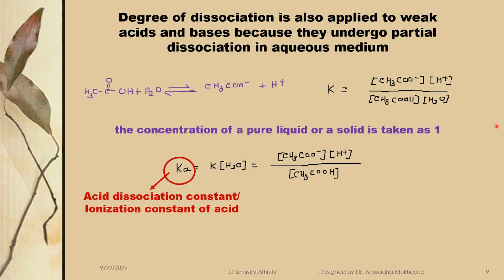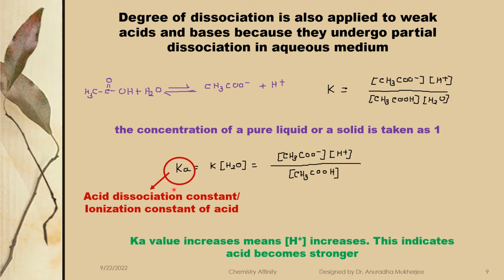The concentration of a pure liquid or solid is taken as 1, so we can write the equilibrium constant like that. K into the concentration of H2O gives a new constant, that is called Ka, the acid dissociation constant. So Ka equals the concentration of products divided by the concentration of acetic acid.